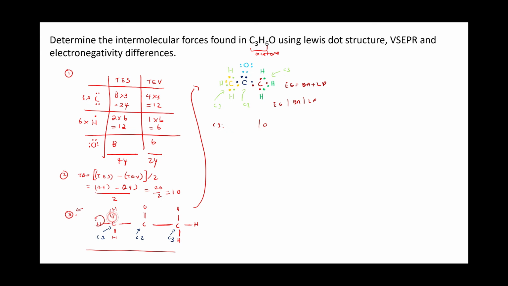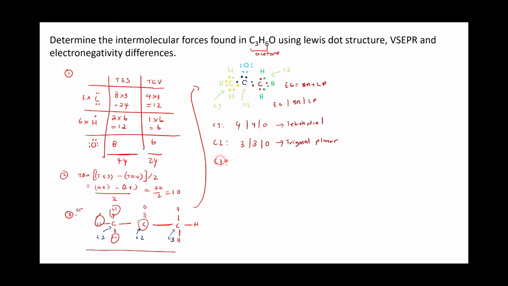It's going to have 1, 2, 3, 4 bonding atoms, and it's going to have a total number of electron groups of 4, so this is going to be a tetrahedral electron geometry and tetrahedral molecular shape. Central atom 2 is going to have 0 lone pairs, but now it has 3 bonding atoms because there is a double bond with an oxygen and 2 single bonds with each carbon on the left and right side. And then we have a total of 3, so this is trigonal planar.